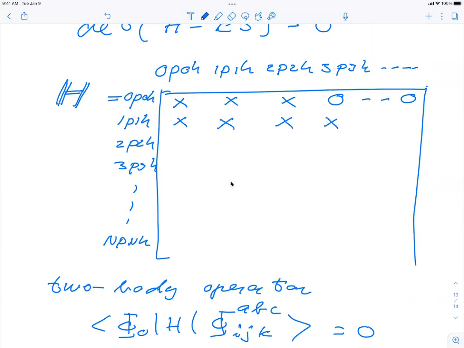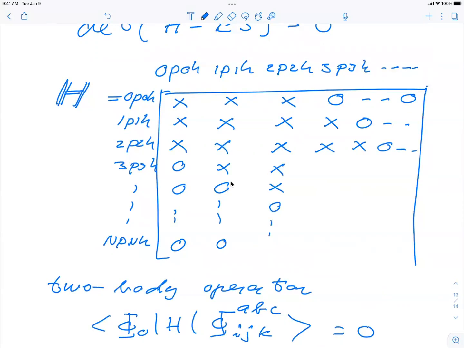But if I have a 4 particle hole, then there will be at least 1 state which will be different. And this will be 0. So that means that we can go like this, and we have zeros all the way down here. This goes like this, and it has zeros all the way down. The 2 particle, 2 hole can link with a 4 particle, 2 hole, but then it's 0. Like this, and then the rest are zeros.